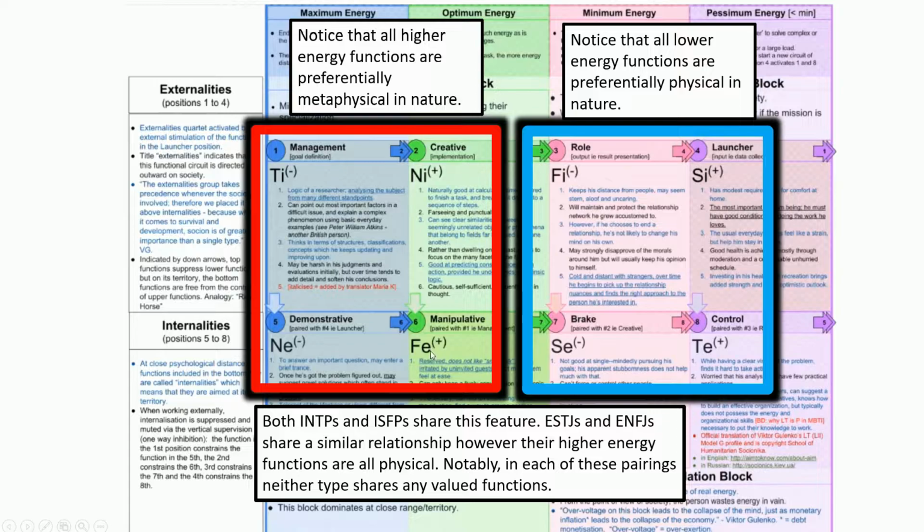Their fourth function is SE, and they also have NI. So they have NE and NI in the same places, but they'll use them more physically, and I'll get to the point here.